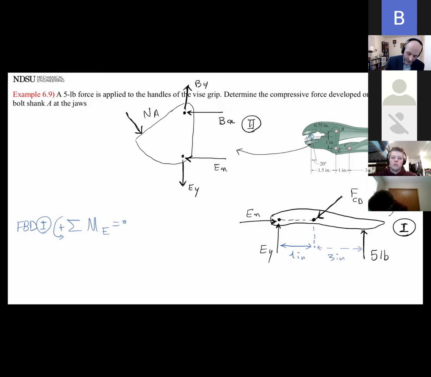So summation of moments: the 5 pound multiplied by 4 inches, and that's a plus, minus FCD. What is this FCD? What is this component? The vertical component.